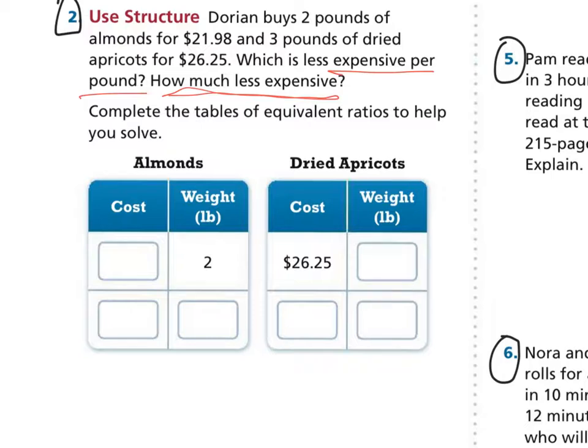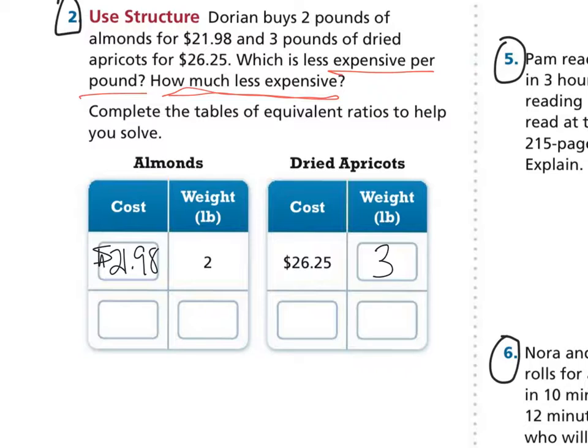You can see for the almonds, 2 pounds, it was $21.98. And the dried apricots was $26.25 for 3 pounds. So it asks which one's less expensive per pound.